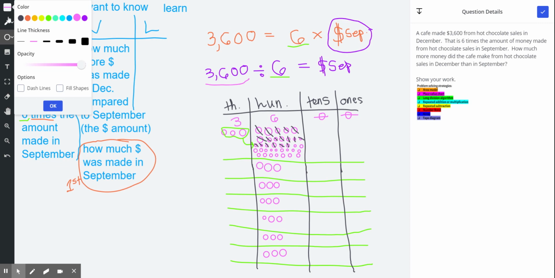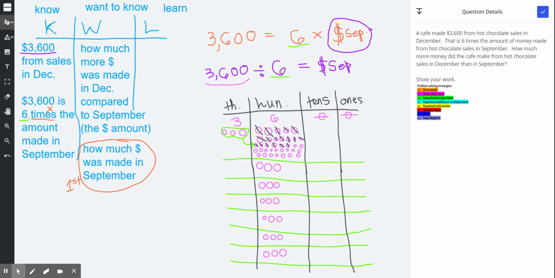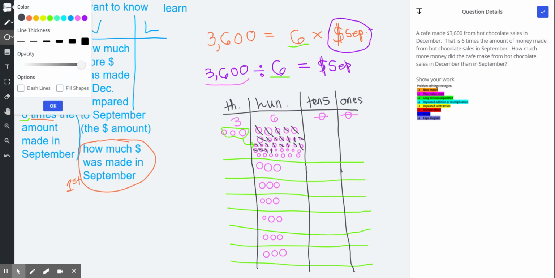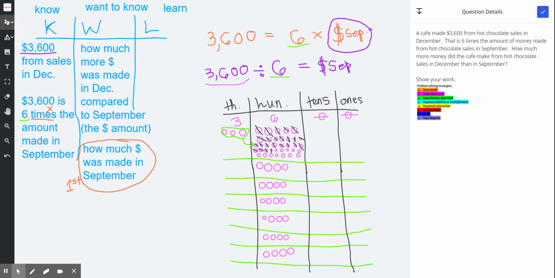All right, then I need another 6. So I can cross off another 6. Okay. Drop another 6 in my groups. And then another 6, because I still have more available.